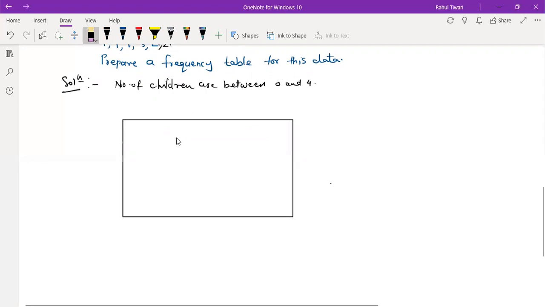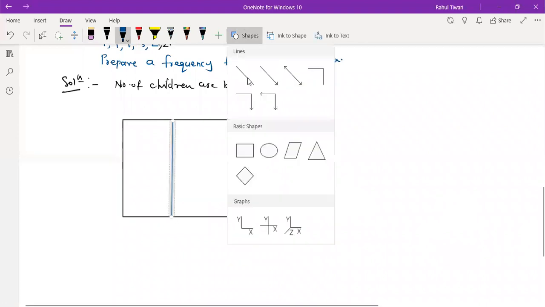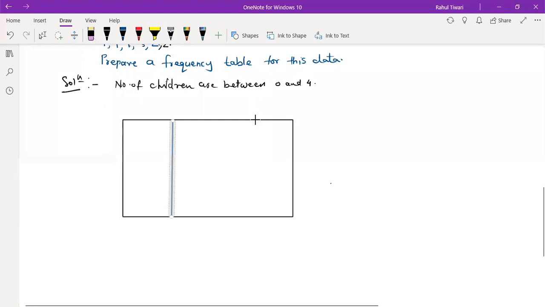So let me draw the line first. You have number of children and you have a frequency and tally.